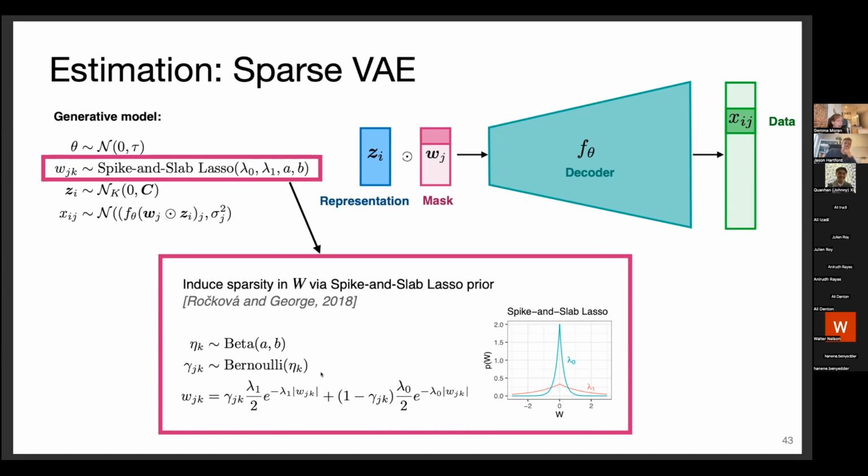This prior is nice in that it replicates the thresholding of the lasso, but has adaptivity in that it can shrink the small coefficients far more than the large coefficients, unlike the lasso, which applies the same shrinkage to everything.